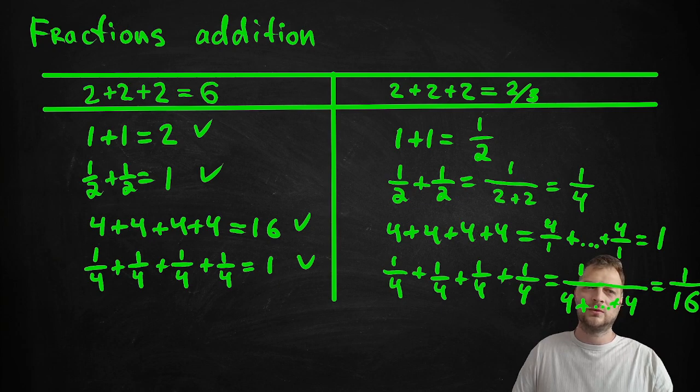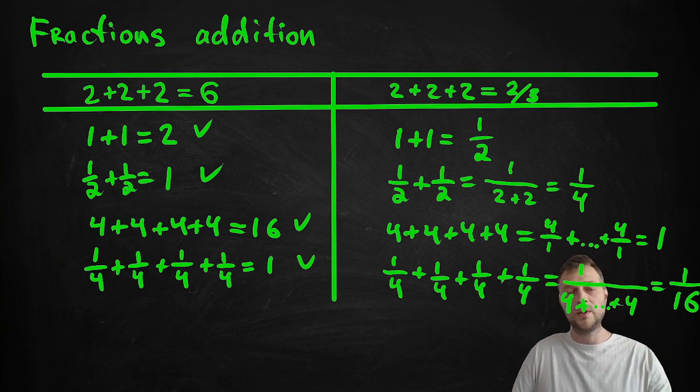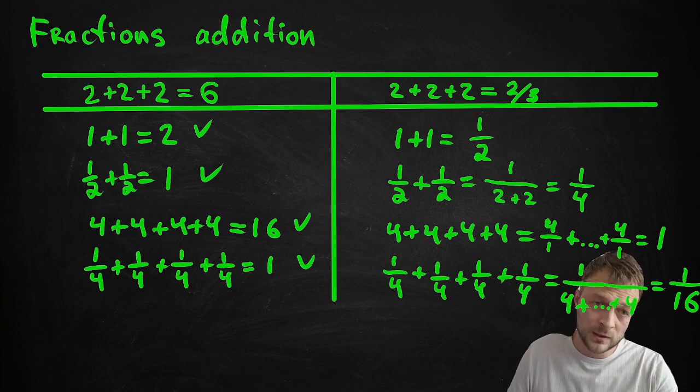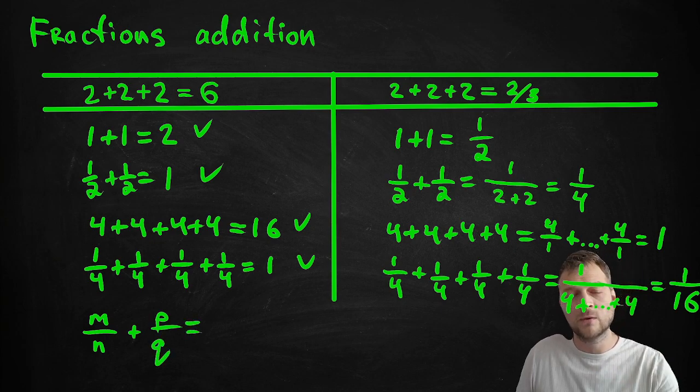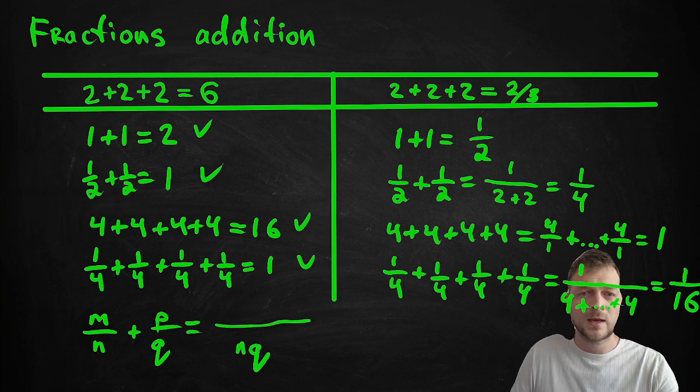I want to show you a general rule. If we have a fraction m/n plus, let's say, p/q, here we would prefer to have a common denominator, right? So we'll have nq, and here nq plus np, right?